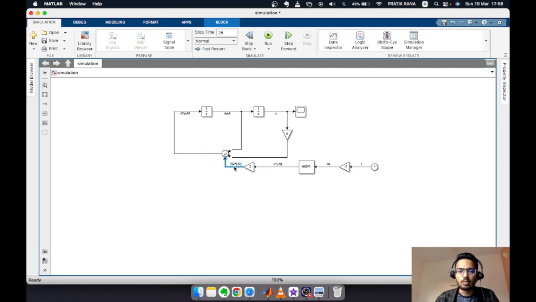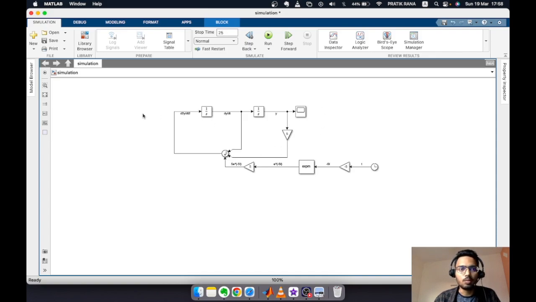So this is the final signal that we want from here, 5e to the power minus 5t. So d2y by dt square will be equal to 5e to the power minus 5t minus dy by dt minus 5y. So here our modeling is complete.